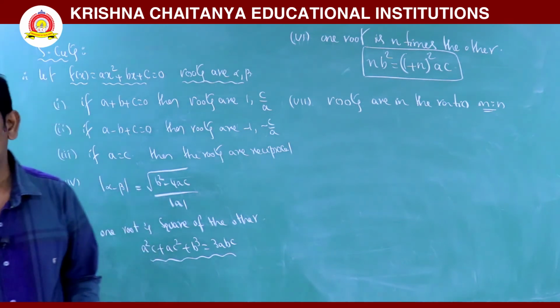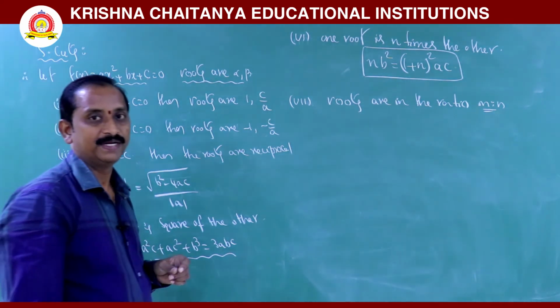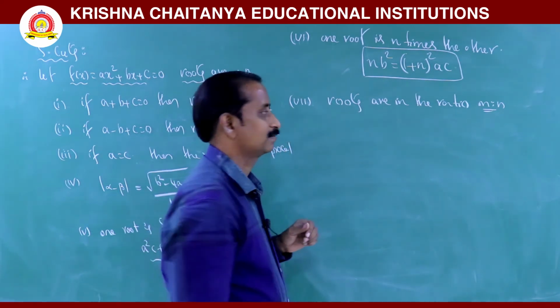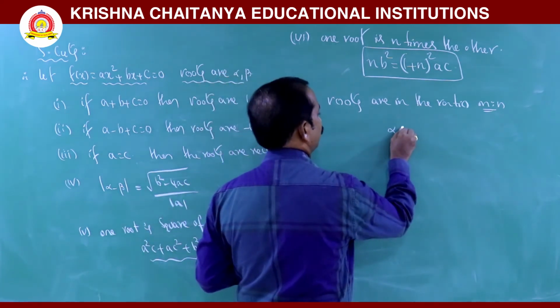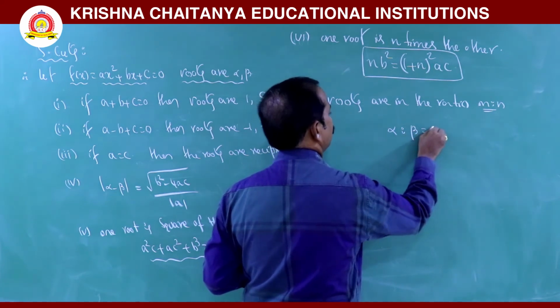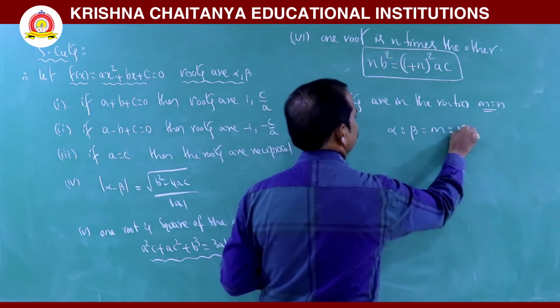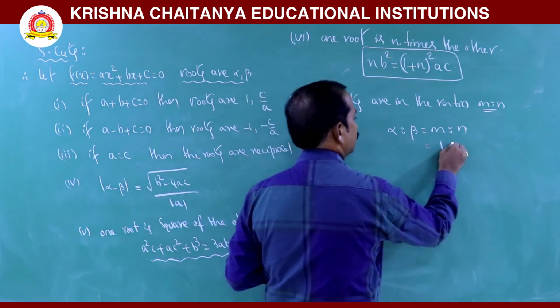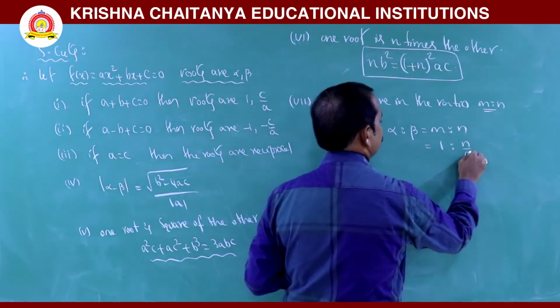We know that the roots are alpha and beta. Ratio means alpha is to beta. So indirectly alpha is to beta is equal to m is to n. Can I write m is to n as 1 is to n by m?